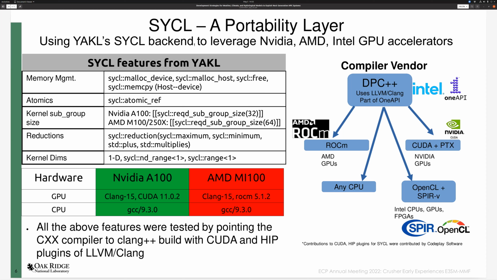And all these tests were conducted at JLSE at Argonne, and the compilers were specifically built with the CUDA and ROCm versions as shown in the graph. So this is a brief test of whether the features that we use in the SYCL backend of YAKL can work on non-Intel hardware in a portable way. That's all. Thanks very much.